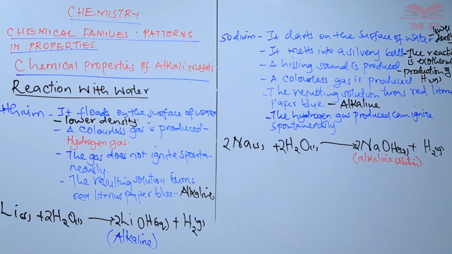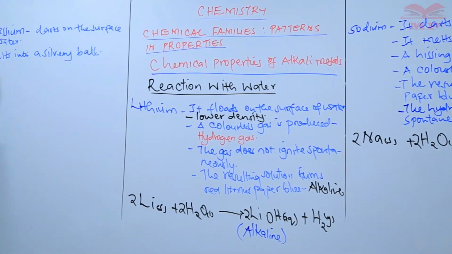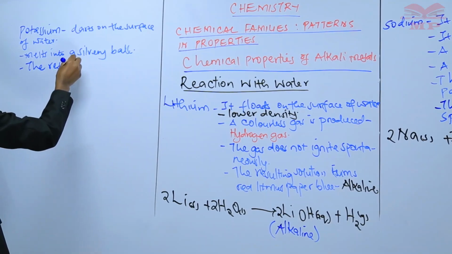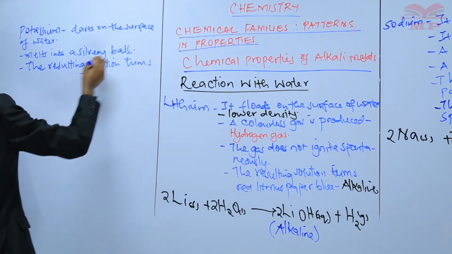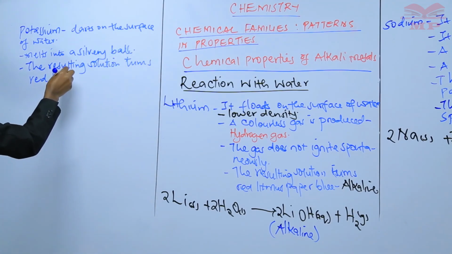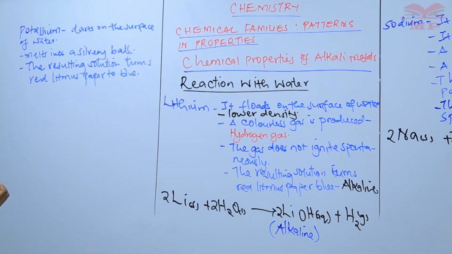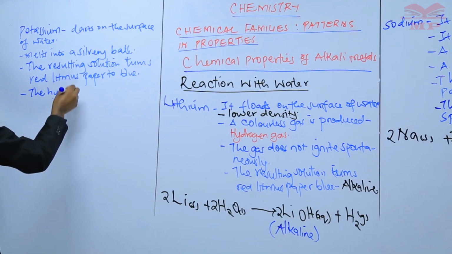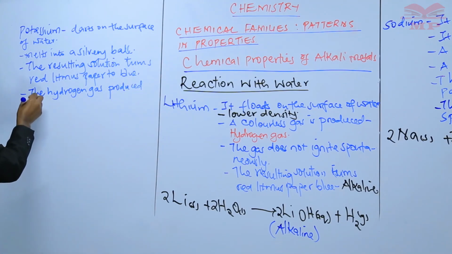Then the resulting solution turns red litmus paper to blue, and therefore, again, shows the solution is alkaline, and the hydrogen gas produced ignites spontaneously.